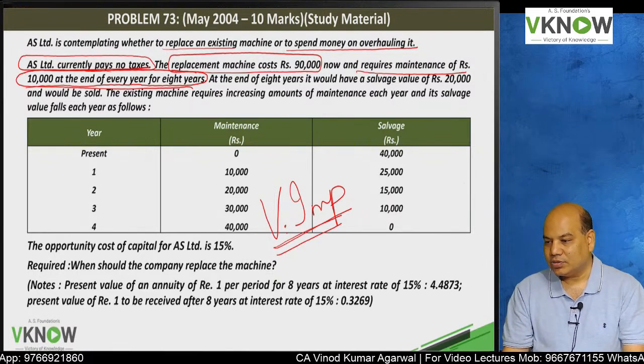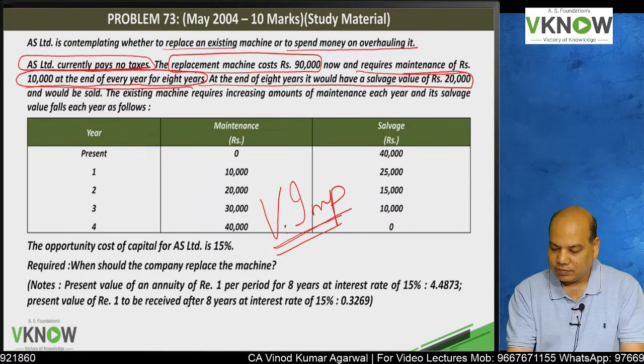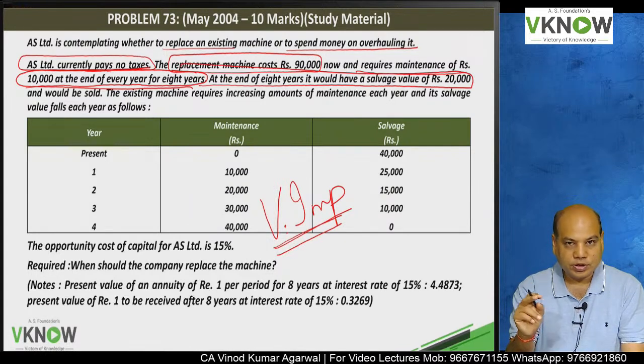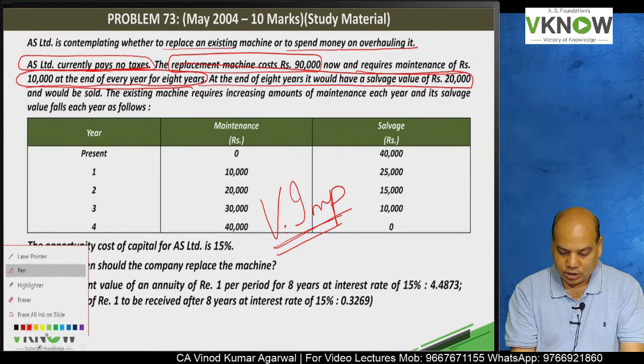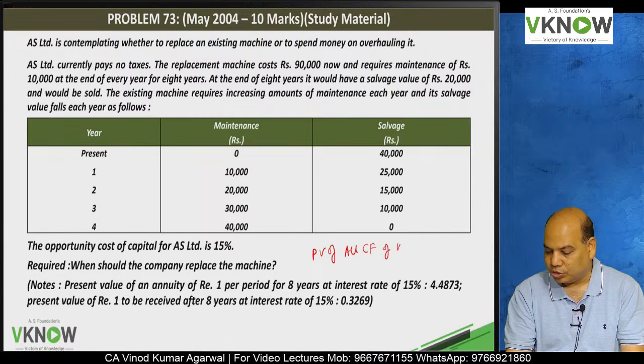At the end of 8 years, it will have salvage value 20,000. See the difference in the previous question and this question. In the previous question, they had given present value of all cash flow of new machine.